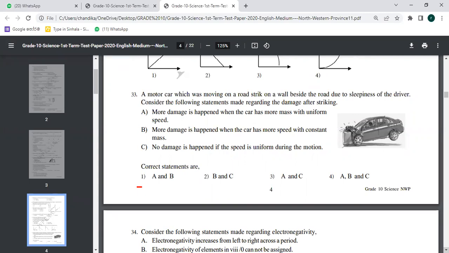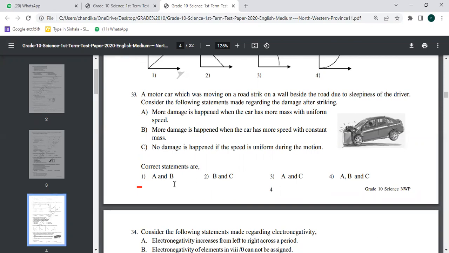First one. A and B both are correct, no? No damage happened is wrong. Whether there is uniform speed or uniform acceleration, there is damage.